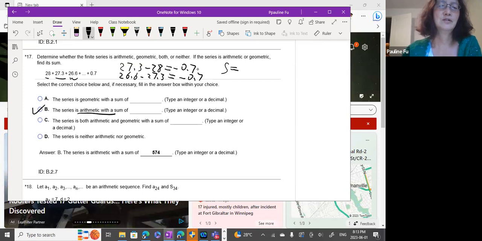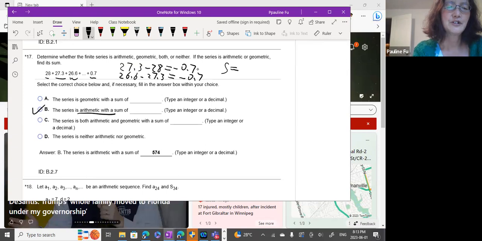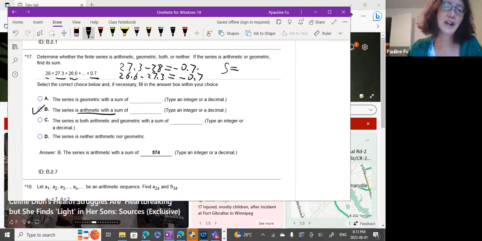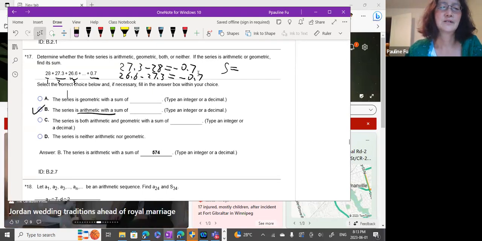But first of all, the last item is 0.7. We need to find how many items there are. This is 1, 2, 3, and how many total items? Okay.